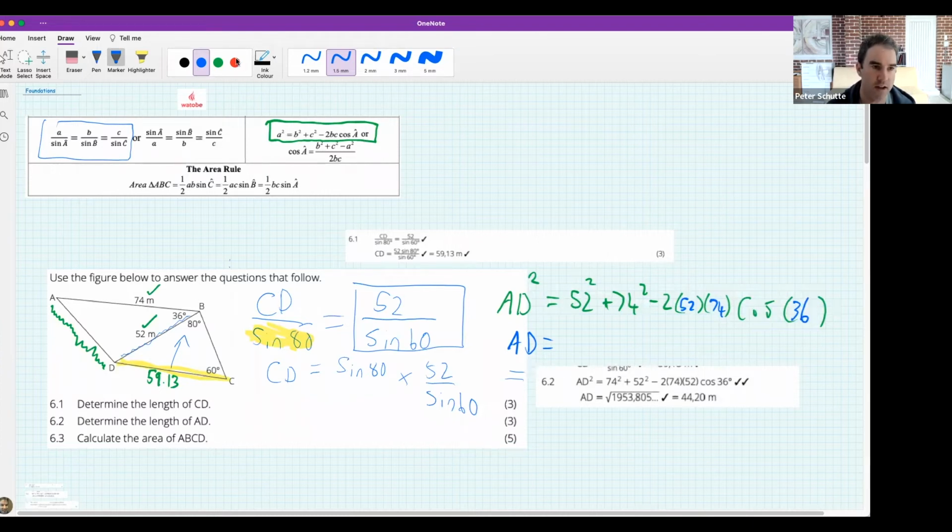So this is where going to an earlier video will be helpful. But basically, when I was finding AD, in that triangle, I already have two sides, 74 and 52, and I have the angle between them. You'll notice that the two sides that I'm using are 74 and 52. These ones are coming from my triangle over here.